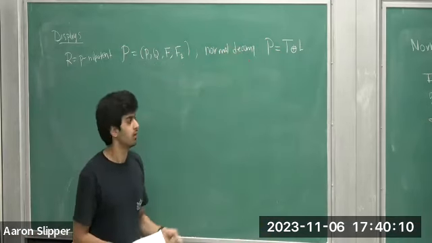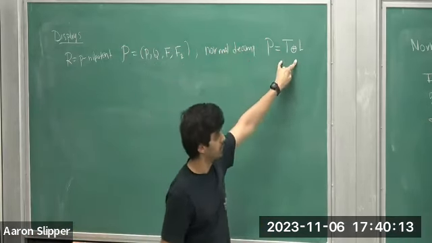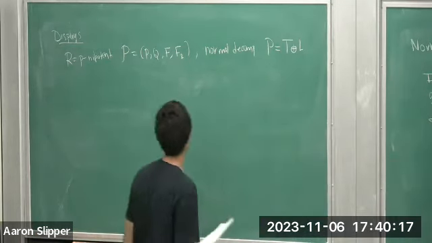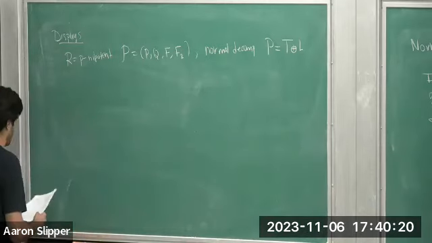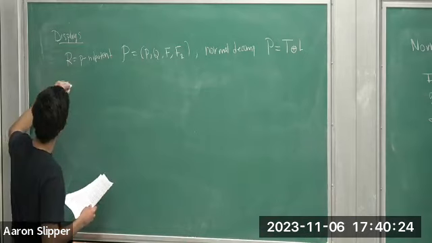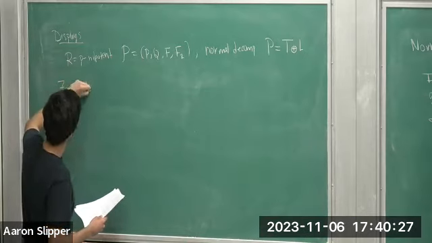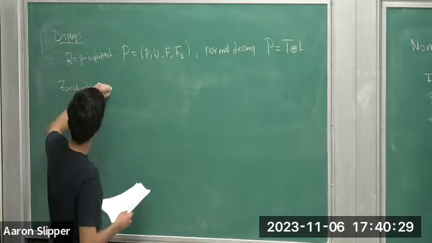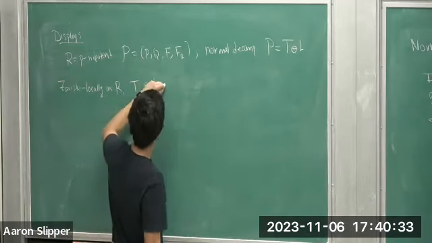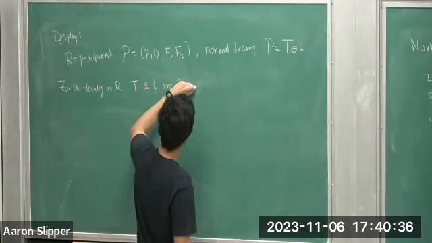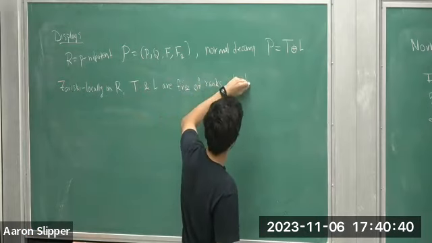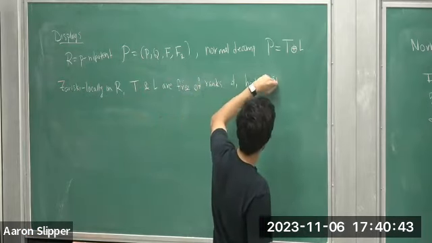And so we'll be able to describe T plus L and the map F plus F1 just in terms of a matrix. So T and L are free of rank H minus D and D respectively.